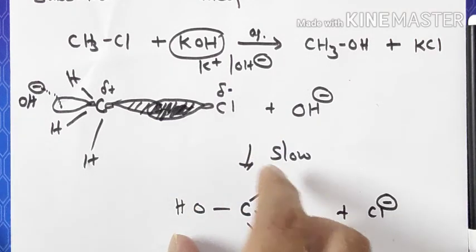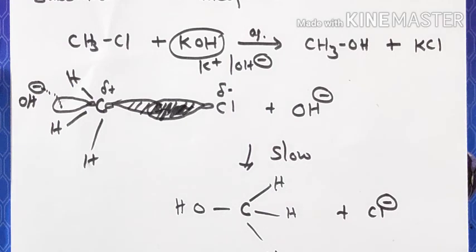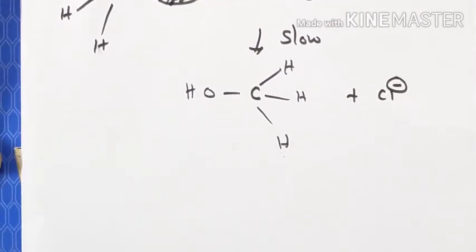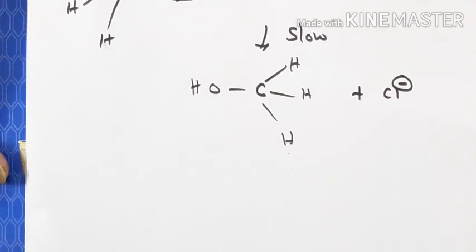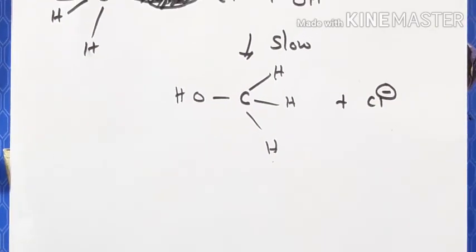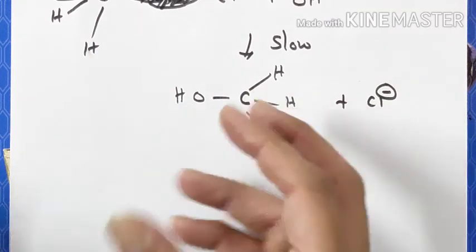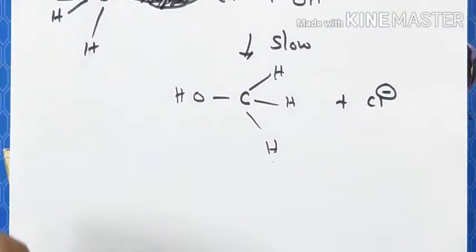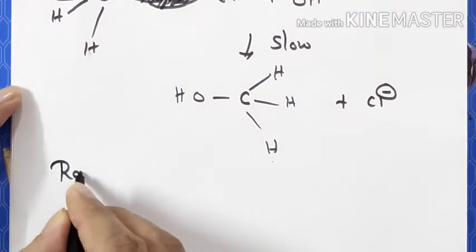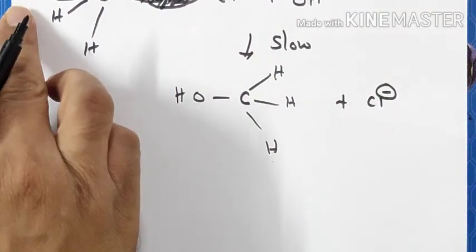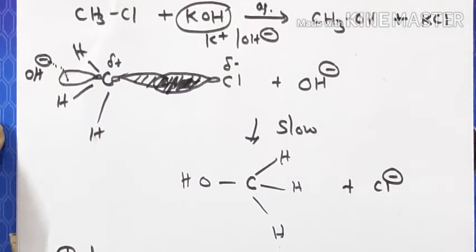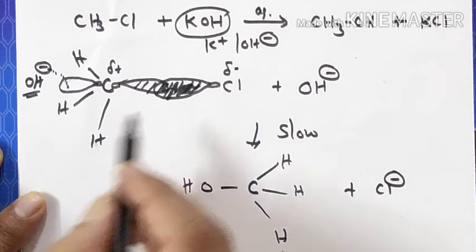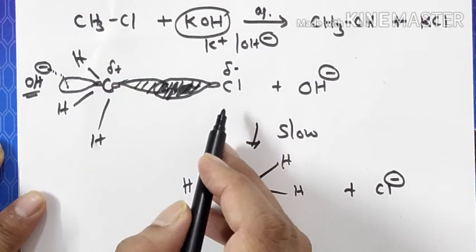And there's one chapter in 12th, obviously you'll be studying that, and it's paper 1, that is called chemical kinetics. Chemical kinetics talks about the rate of reaction. So here the rate of reaction depends upon two things. One is the nucleophile, another is methyl chloride. So when I say rate of reaction, speed of a reaction, because two things are involved, student. In this slow step, OH is also required and CH3Cl is also required.